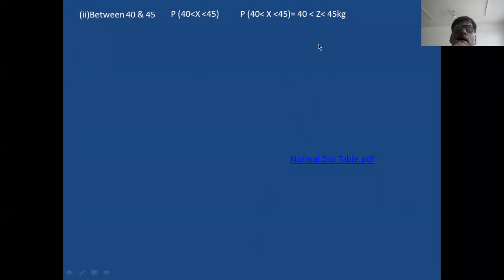In place of this z, you write the equation. So standard normal variate is x minus mean divided by standard deviation. You remember this? How to write it, I'll show here.